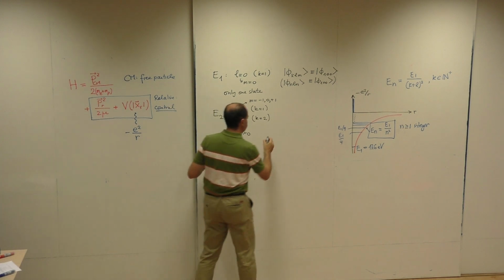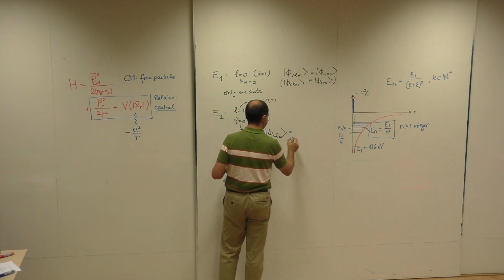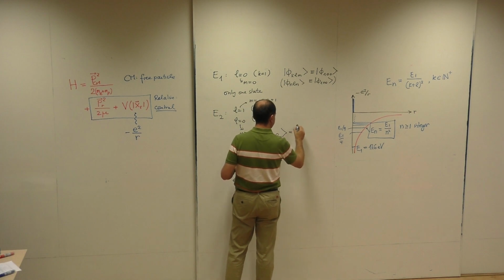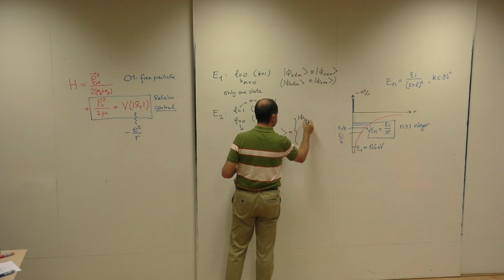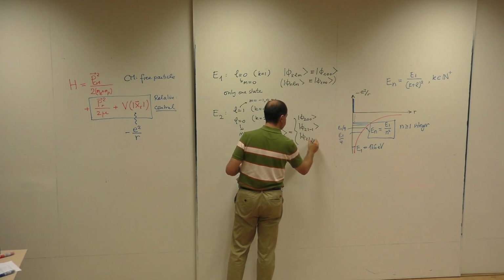In the notation, from now on, I'm using only the notation with N here. We can have phi 2 0 0, phi 2 1 minus 1, phi 2 1 0, phi 2 1 plus 1.